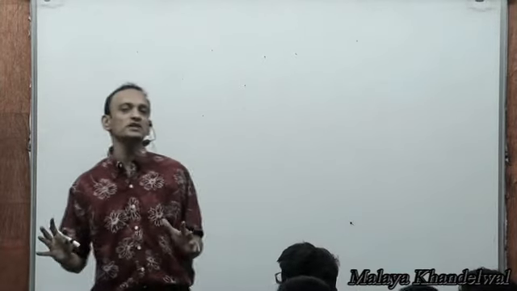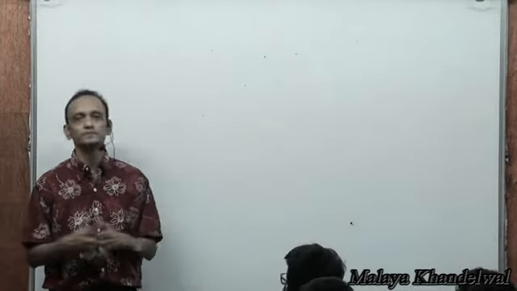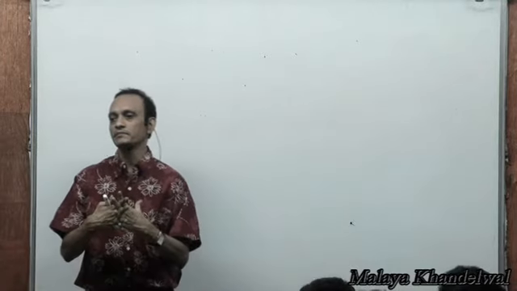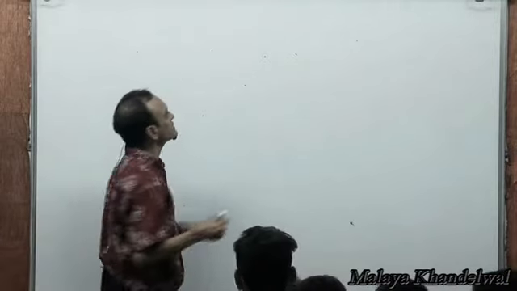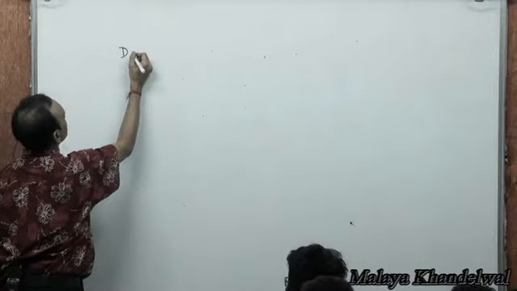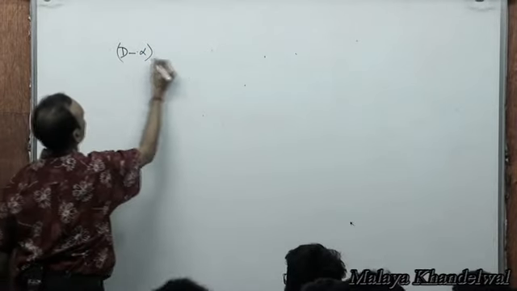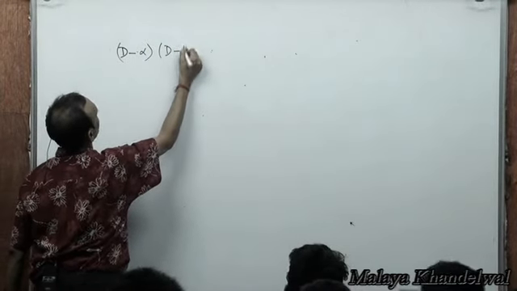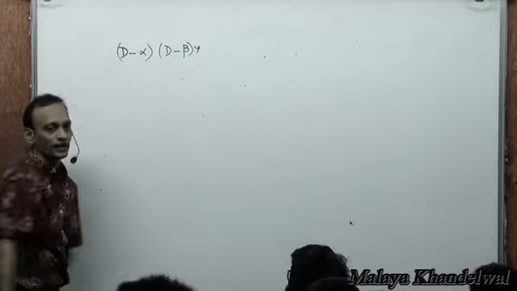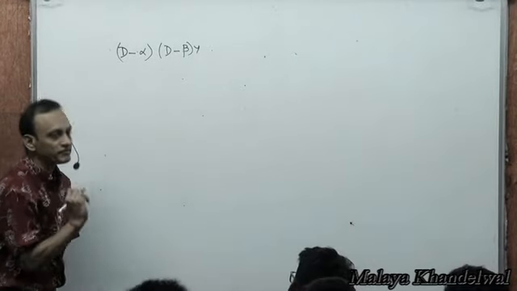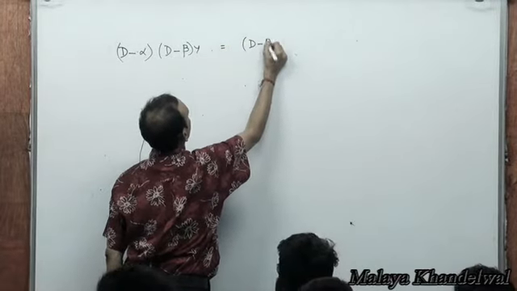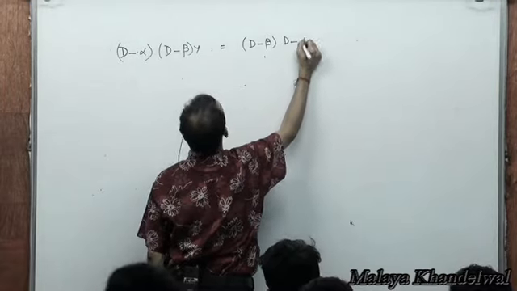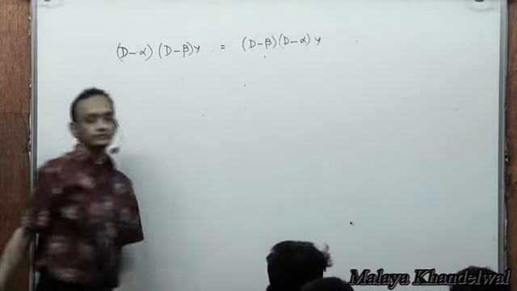Which means, like I said, these operators are extremely friendly creatures. I could multiply them and then create a new operator, which would be equivalent. In the sense that if I had d minus alpha acting on the output of d minus beta acting on y, what we have observed is this is the same as d minus beta acting on the output of d minus alpha acting on y.